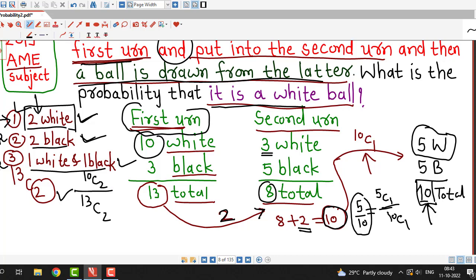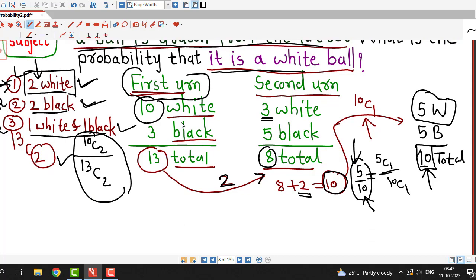So for this event, that is two white balls are drawn from the first urn, probability will be 10C2 divided by 13C2. And after performing this task, selecting two white balls from the first urn, they are selecting one ball out of 10 balls, and the probability that it is a white ball will be 5 by 10. So I have to multiply this probability and this probability. This is for the first case.